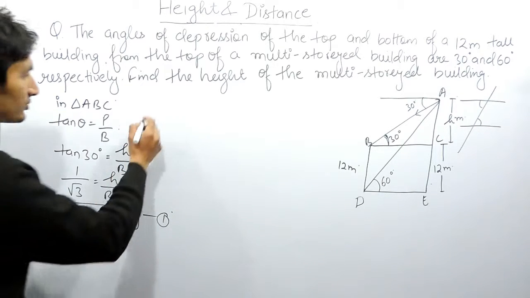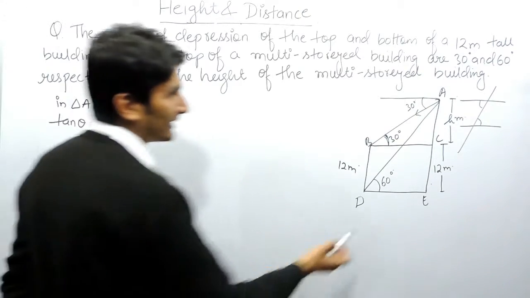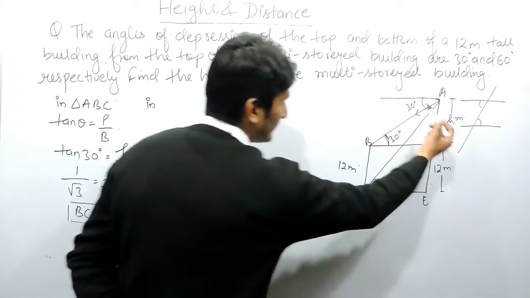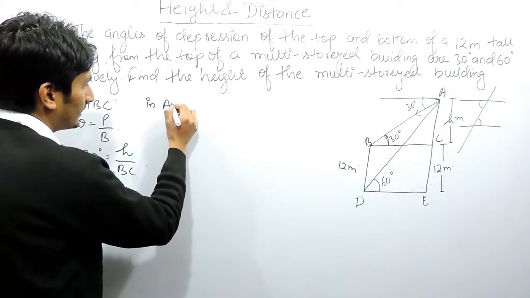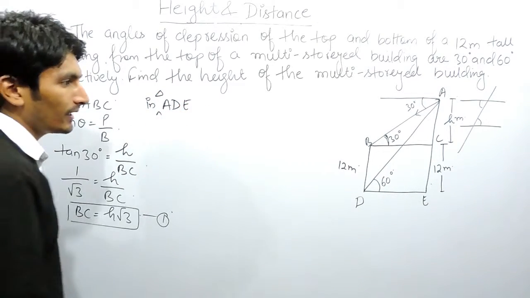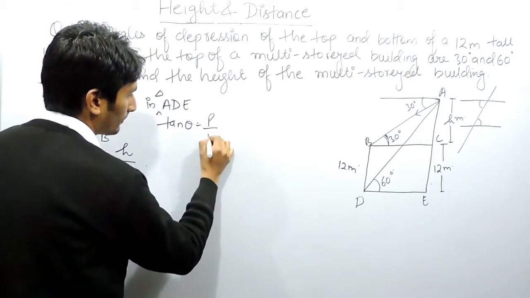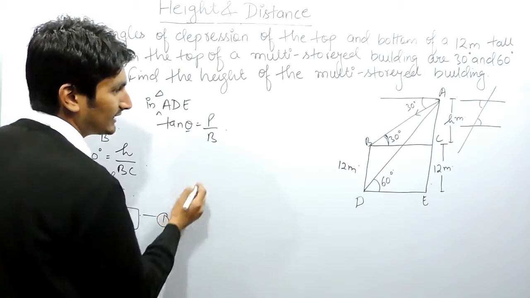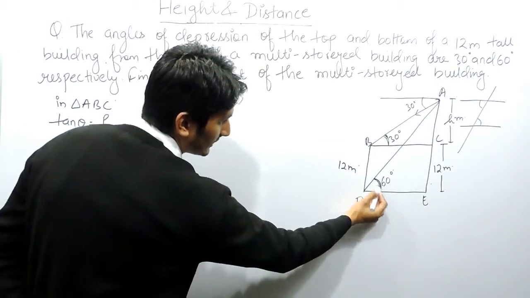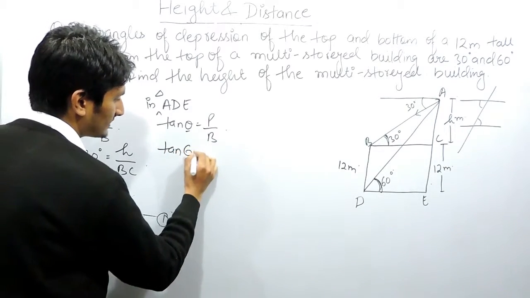Similarly, in the next triangle, ADE, we again find the ratio for tan theta, which is perpendicular upon base. Here theta is given as 60 degrees, so we find the ratio for tan 60.